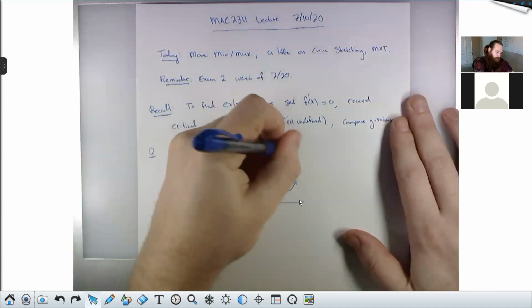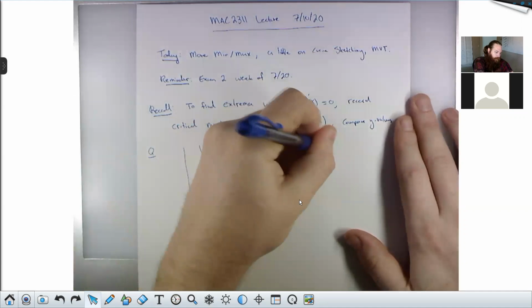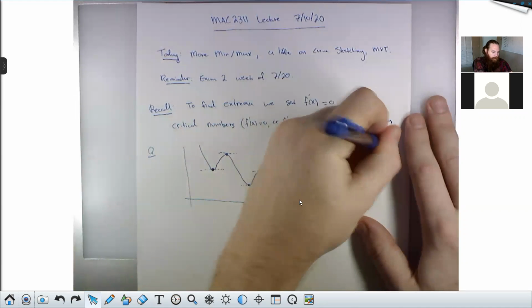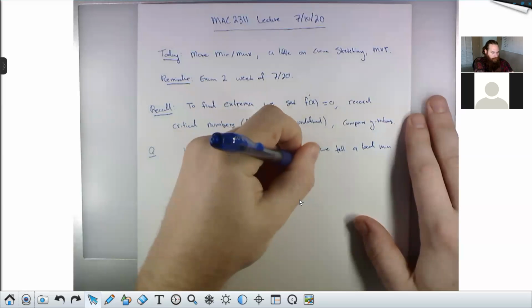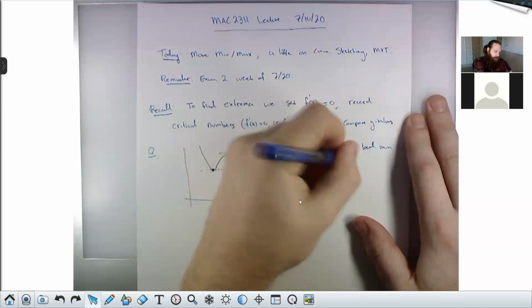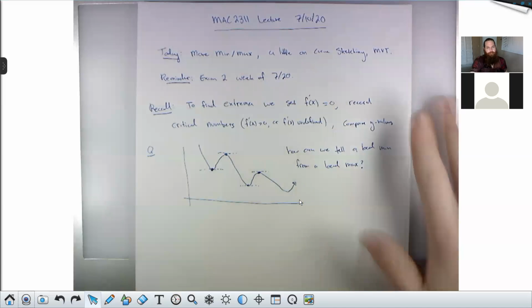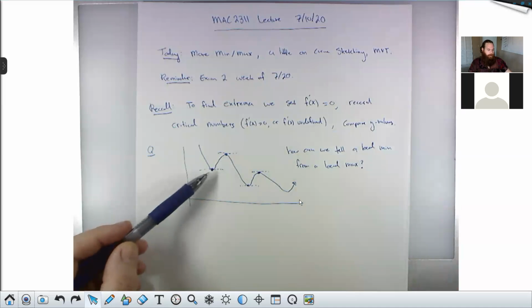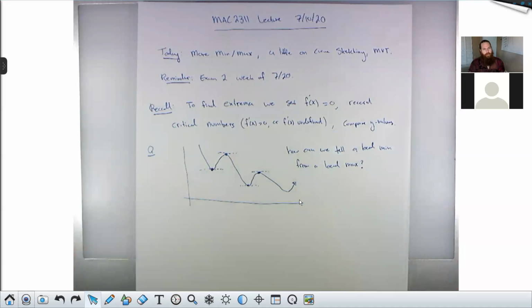So how can we tell a local min from a local max? Because it's possible that the local min has a larger y value than the local max. This can totally happen. And the answer there comes from something that's related to curve sketching, something that we're going to talk about a lot more when we get a little bit deeper into chapter 4.